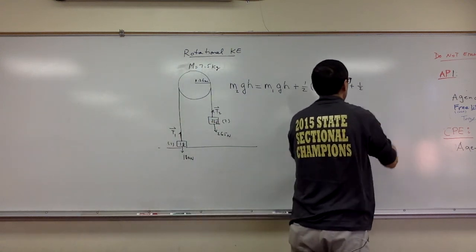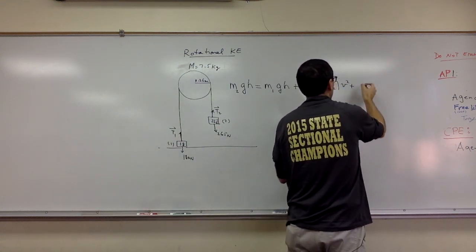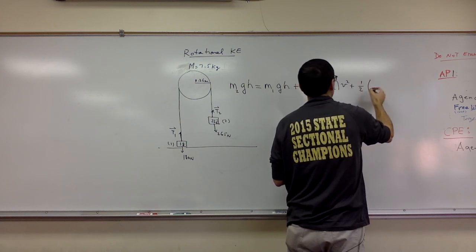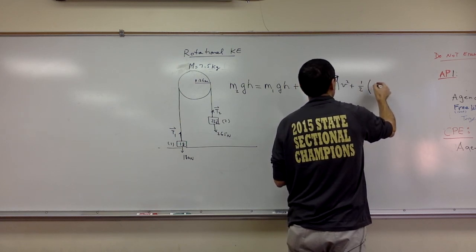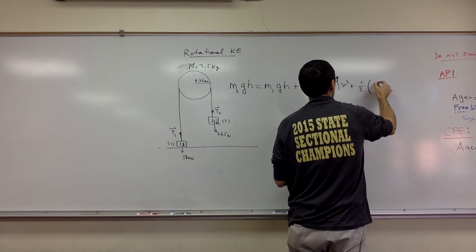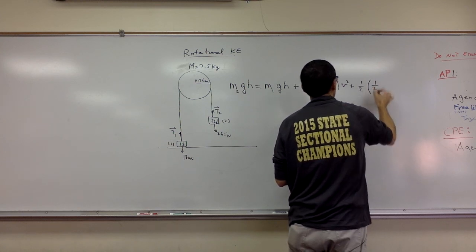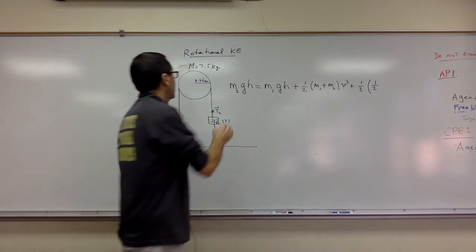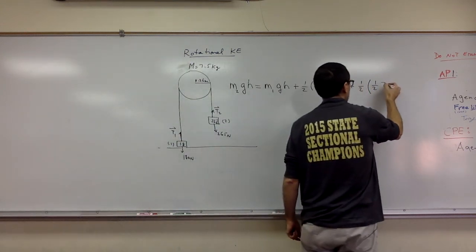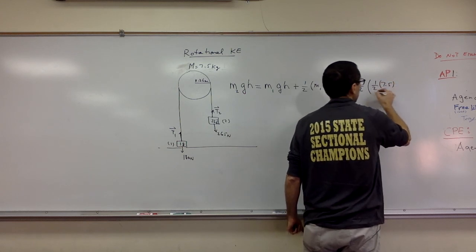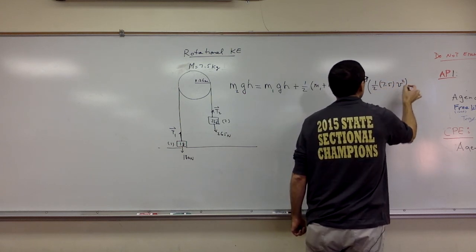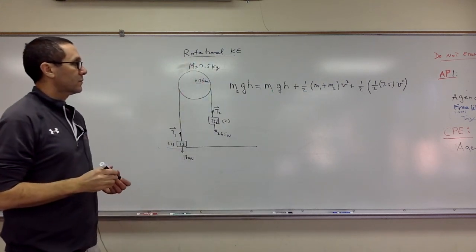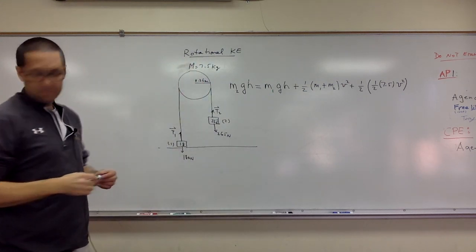The I, I think, is going to be just 1/2 the mass of the sphere, or this disk, the pulley, times v squared. Yeah, that's what I have.